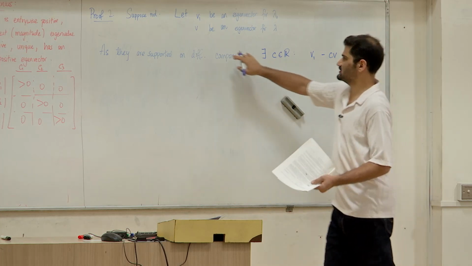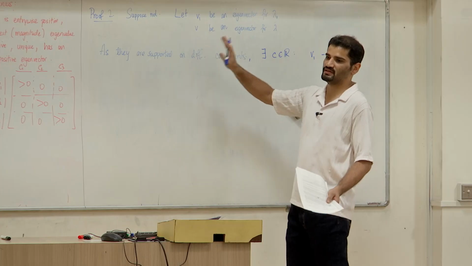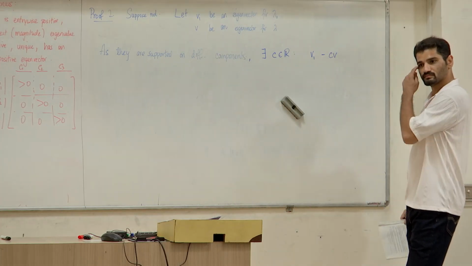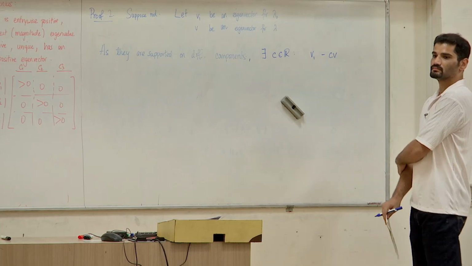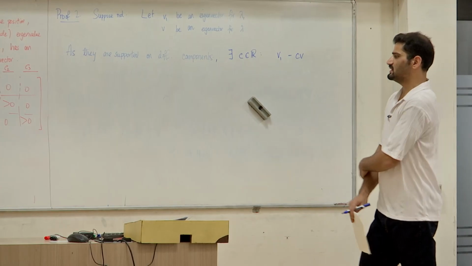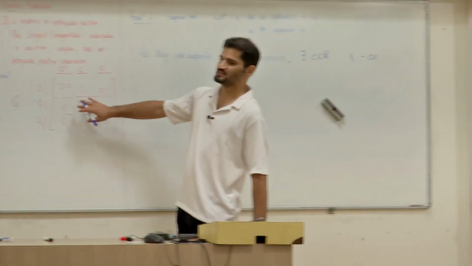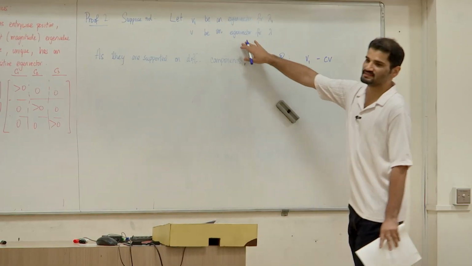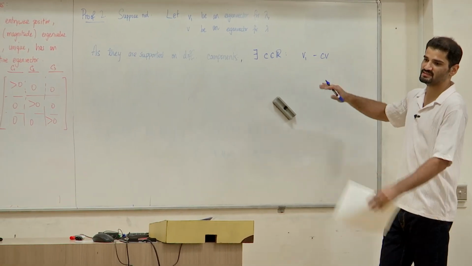This thing is non-zero, it has a certain sum. They live in different components, which means they are the largest eigenvalue for their components, which means their eigenvectors are positive. So this has some positive sum, and this is some positive sum. I just take C to be the ratio.